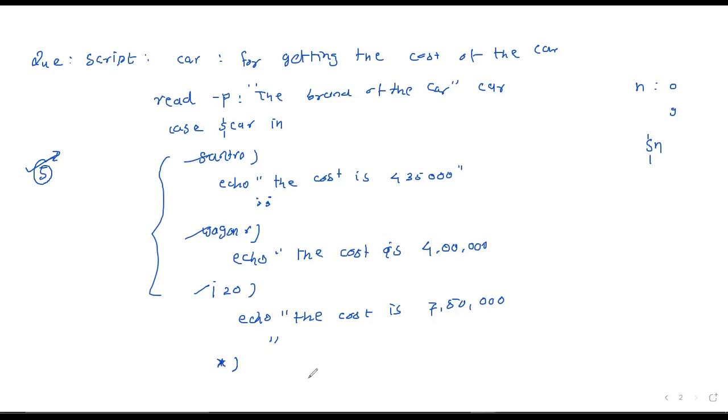What is meant by star? Not these values, any value other than these 5 values. In the previous case, n was between 0 to 9, so any value other than those we get this default action.